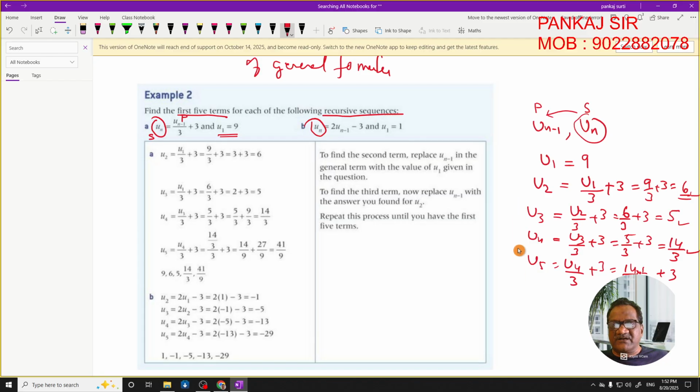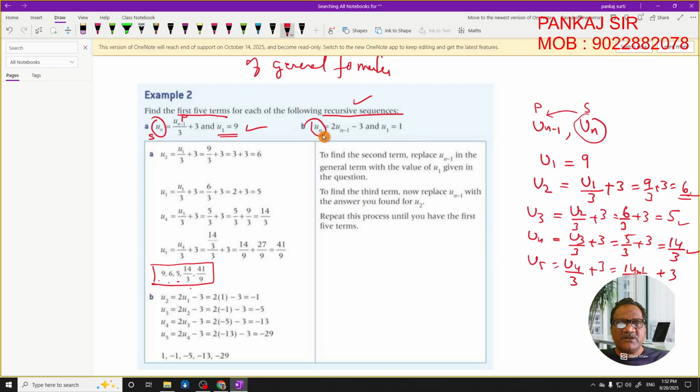So these are the first 5 terms for this one. The first term is 9, then 6, then 5, 14 upon 3, 41 upon 9. Is that understood? This was an example of a recursive sequence.